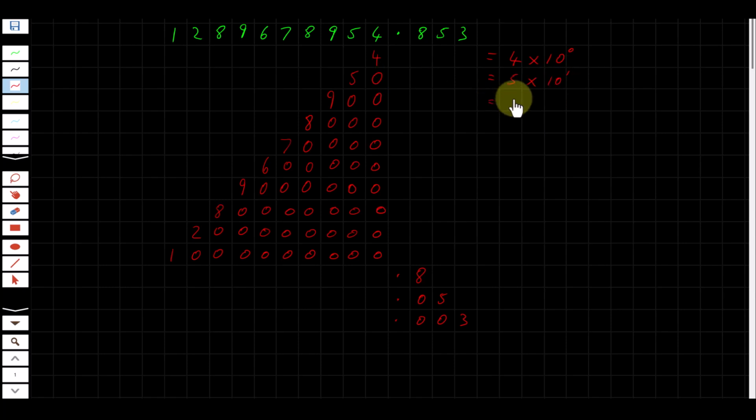Next one here, 900, 9 times 10 to the 2. 10 times 10 is 100, 9 times 100 is 900. And we can keep going like this. 10 to the power 3 is 10 times 10 times 10, which is 1000. 8 times 1000 is 8000.